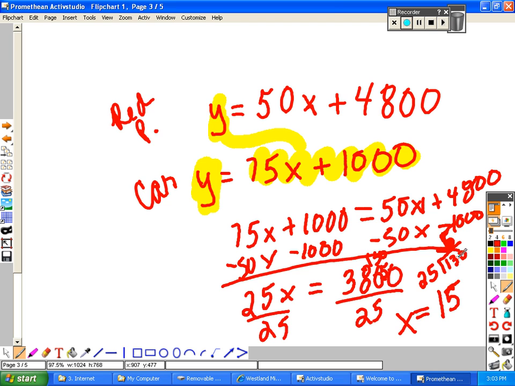And then 25 goes into 50 twice. So you get x equals 152.